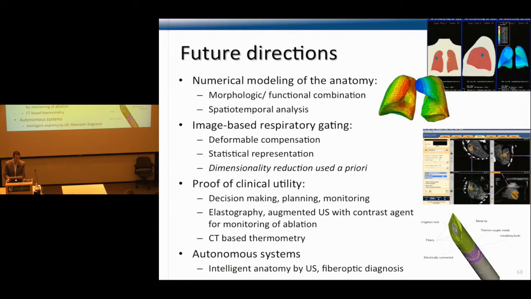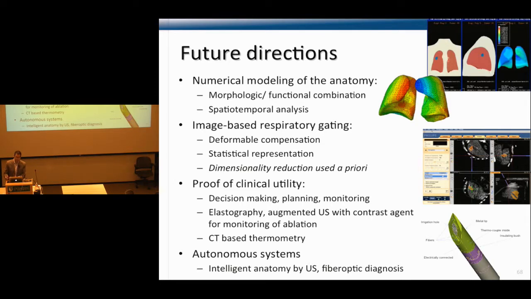As I said, respiratory motion compensation is a key issue that needs to be addressed, especially in abdominal interventions, for prostate or for liver, to have a reliable statistical representation to compensate for these artifacts.